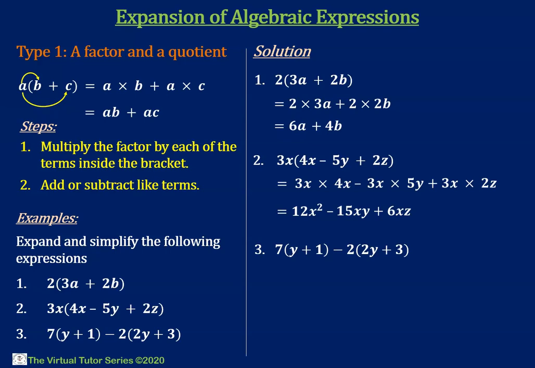So for the first part, we have 7 times y and 7 times 1. And for the second part, we have negative 2 times 2y and negative 2 times 3.